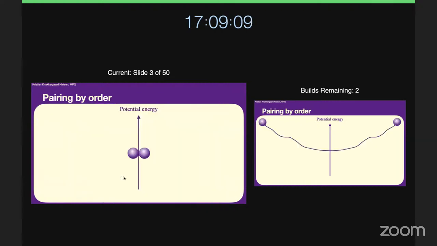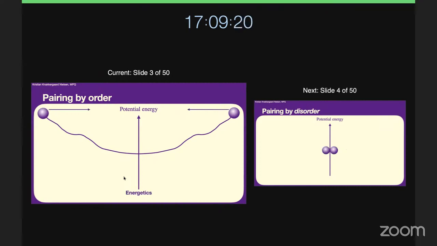So this kind of pairing by order mechanism is essentially that you have some potential energy that tends to rise as the particles move apart, and so you have energetics that tries to push the particles back.